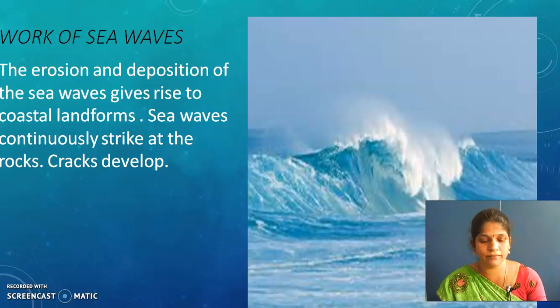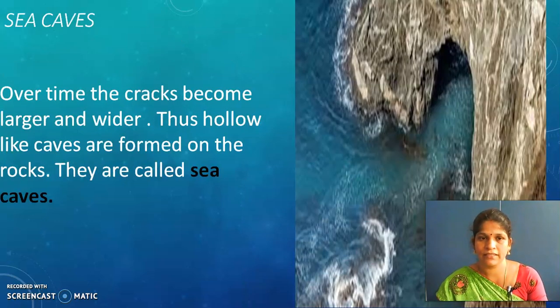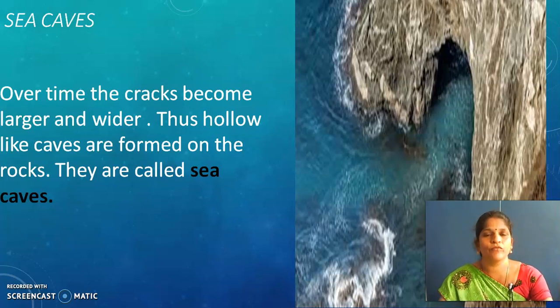Listen, next, sea caves. Due to the force of the waves, how are caves formed? The sea waves hit the rock continuously. Because of that, the weak point of the rock starts to break, or erode. That particular weak part is removed or eroded because of the severe waves.